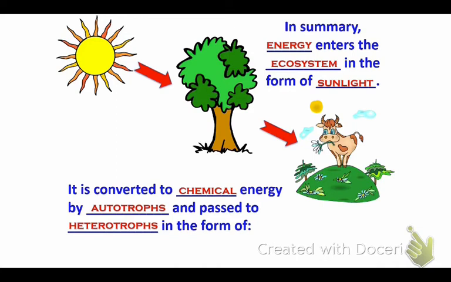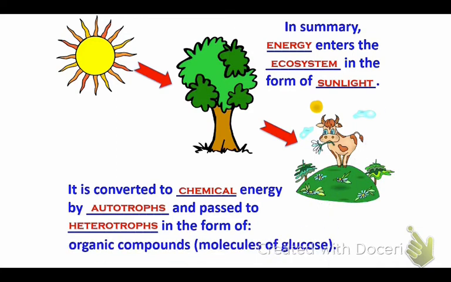Look at that. Isn't that a cute cow? I think so. In the form of organic compounds, molecules of glucose. Right? Our whole last unit was just focusing on this process. Sun to the plants to the animal, wastes go back to the plants, and we do it all over again.